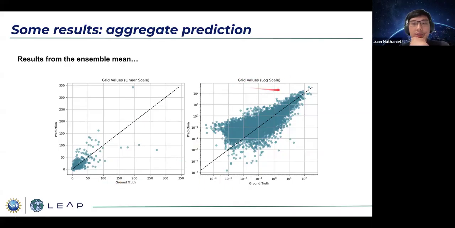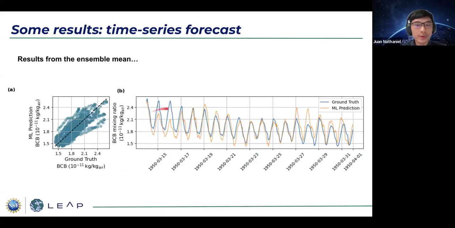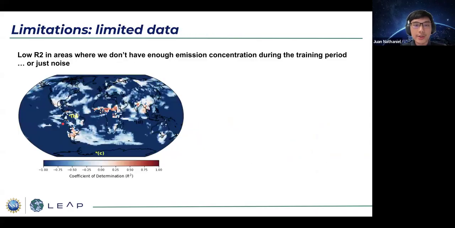And this is if we scale it up to the logarithmic scale. This is still very much a work in progress, even though we are able to capture some seasonality. Actually, maybe it's not seasonality, I think it's the diurnal cycle, because it's just 2 weeks. But I think there are some challenges. For instance, this is still pretty bad. -1 is obviously not something you want to see here.